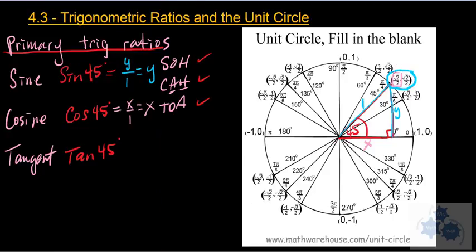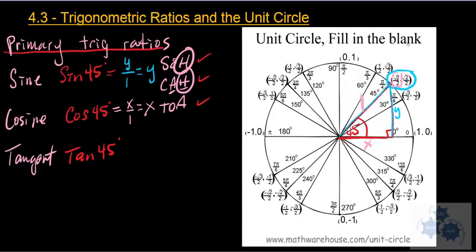And the connection to the unit circle. I've called it the periodic table actually quite a few times. The coordinates on the unit circle, because the radius here is 1, that means the hypotenuse will always be 1.